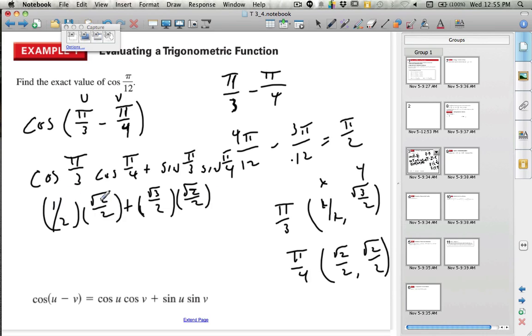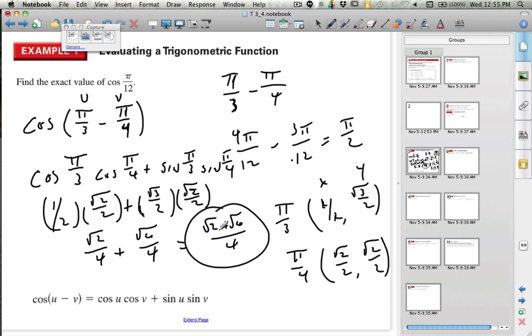When I multiply numerator times numerator and denominator times denominator, I get radical 2 plus radical 6 all over 4. I could make these decimals if I wanted. These aren't multiplied, so I can't really combine them. And I can go ahead and find a solution.